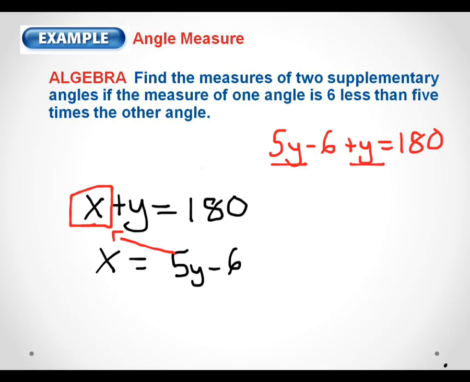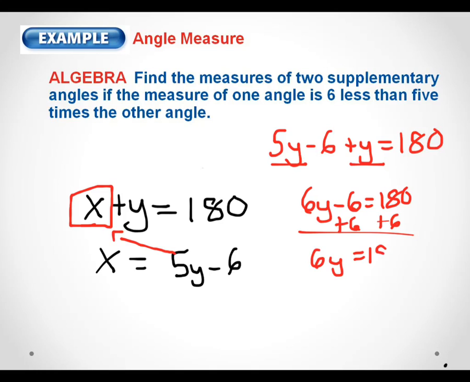Combine my like terms, 5y plus 1y, 6y. Add 6 to both sides. 6y is 186, and when you divide both sides by 6, you get 31. So one of those angles is 31 degrees. How are you going to figure out what the other one is?